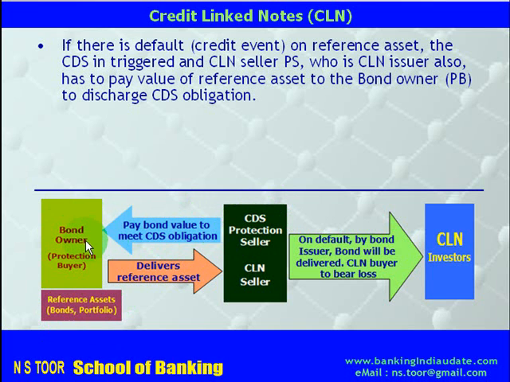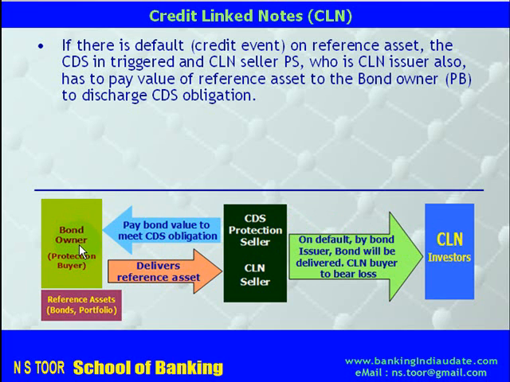In that case, the CLN seller or the protection seller will pay the value of the reference asset to the bond owner to discharge his CDS obligation. And in case he makes payment of cash for the reference asset which he had got from CLN investors, in that case, what will he pay to the CLN investors?